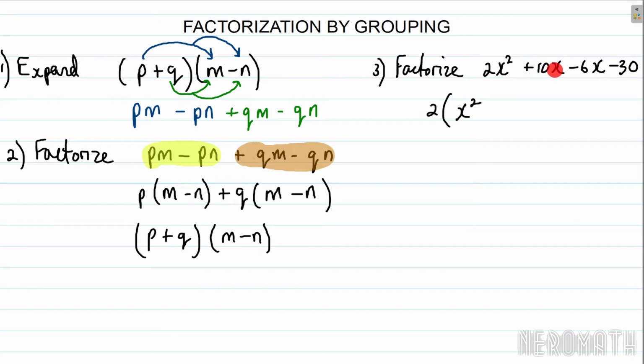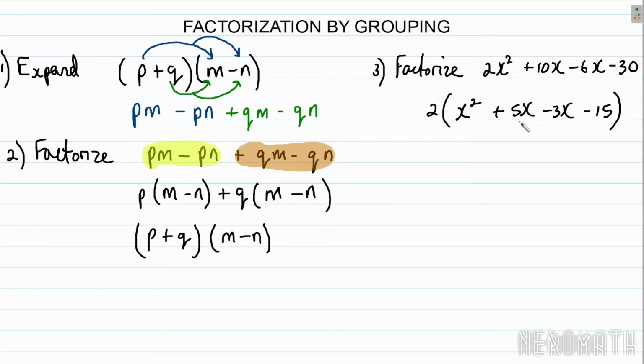Then I divide 10x with 2 and get positive 5x. Then I divide negative 6x with 2 and get negative 3x. And then I divide negative 30 with 2 and get negative 15.